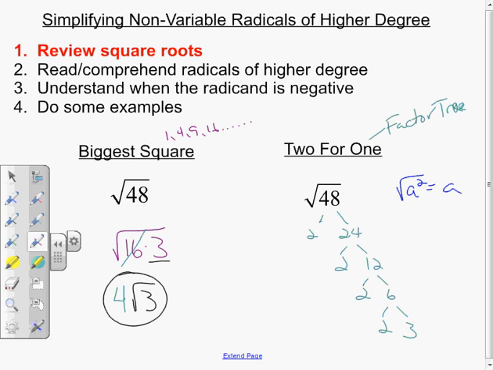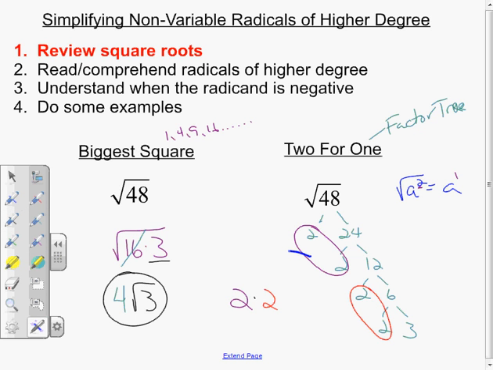And this is because, if you notice, the 2 factors of a, when we do the square root, become 1 factor of a. So if we see that we have 2 factors of 2, we can rewrite it as 1 factor of 2 and create a product with that on this next 2 factors of 2. So what I'm doing is I'm pulling those out of the radicand in a 2-for-1 fashion.